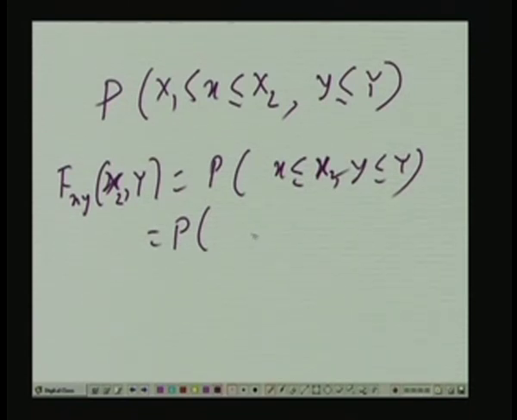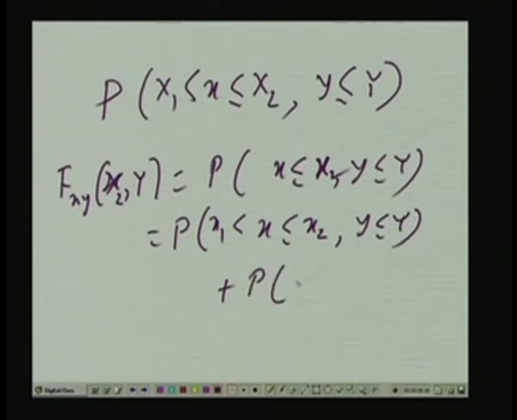One is this, another is this: y remains less than or equal to y, but this zone is separated into two zones. One is for x lying less than or equal to x2 but greater than x1. In another case, x is less than or equal to x1. Now, this is what I wanted.